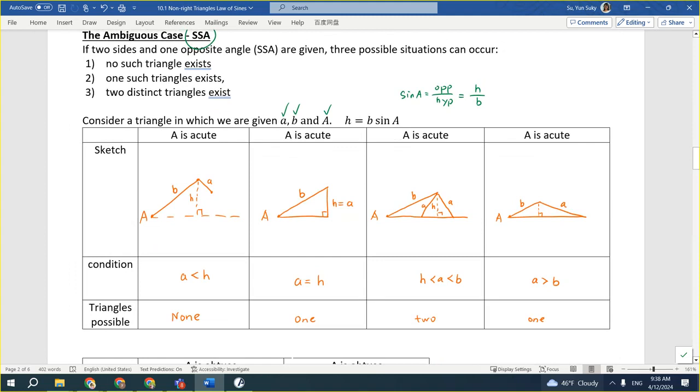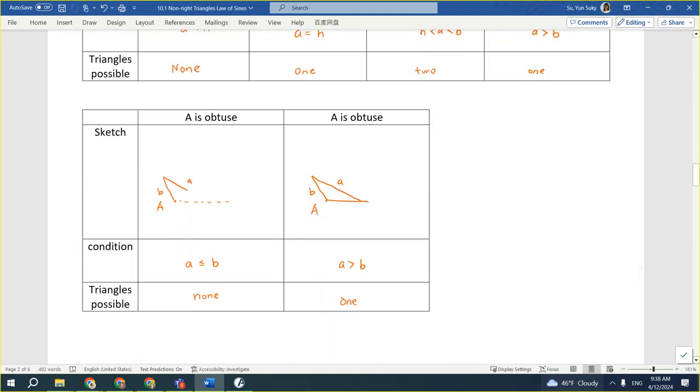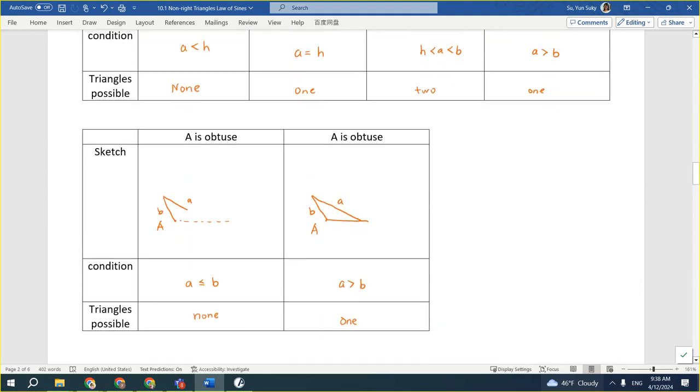So this is the picture when the angle A is acute. How about when the angle A is obtuse? We have a picture like this. Here, if A is smaller than or equal to B, it's not long enough to reach this side. Do you agree, everybody? So no triangle.